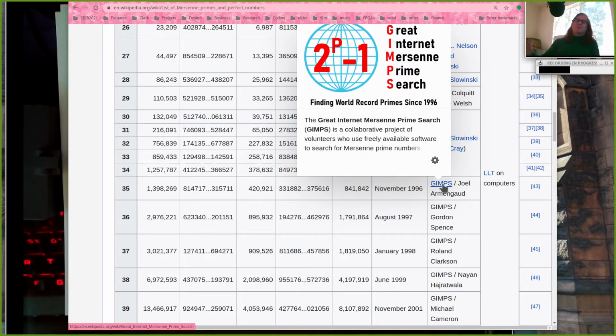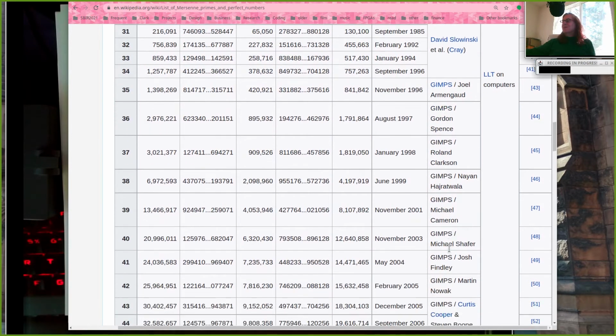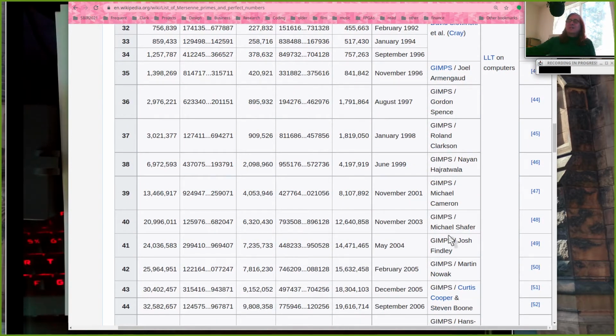You could download a screensaver for your computer, and when it kicked in, it would run a Lucas-Lehmer test in the background, testing a new possible Mersenne prime. These started being how we discovered prime numbers from the mid-90s onward. Some people's names pop up multiple times because they probably had lots of hardware running on these, but by and large, this is where the primes were being discovered.